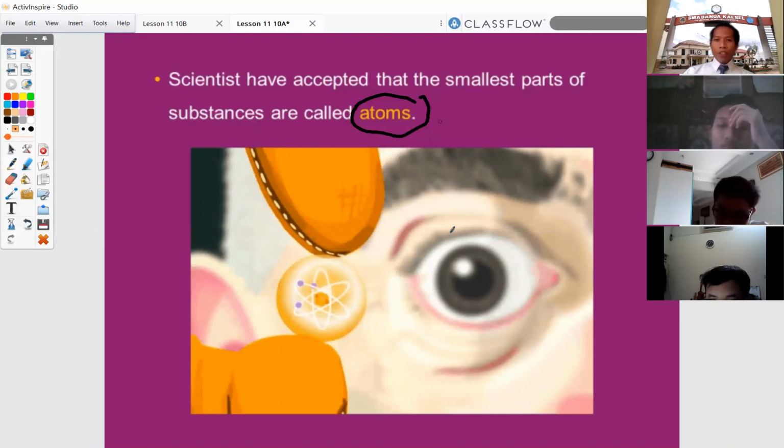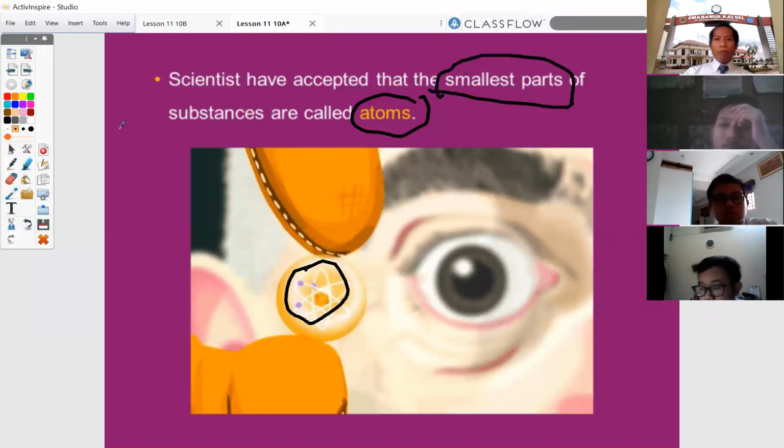Although in this picture you can see the atom, actually you cannot see it. It's just an illustration that the smallest particle in the substance is called an atom, but actually an atom cannot be seen by naked eyes. So you need some equipment to see even the behavior of the atom. It is the smallest part of the particle.